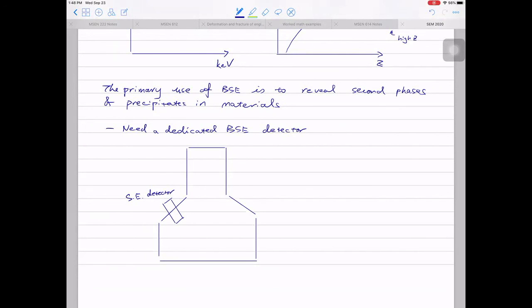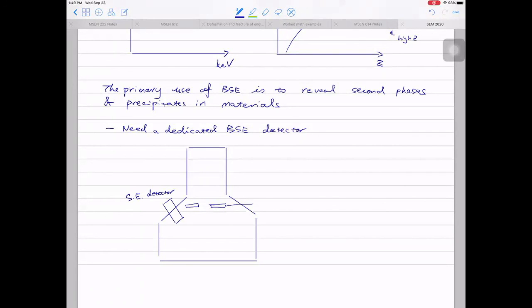Then we have the BSE detector like this. That's what we inserted into the microscope in the lab demo session.